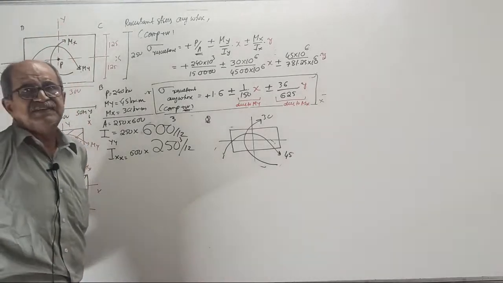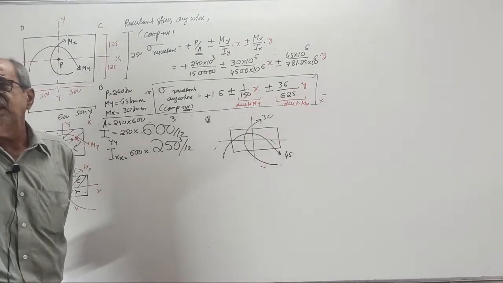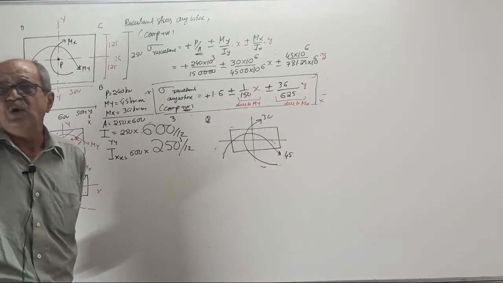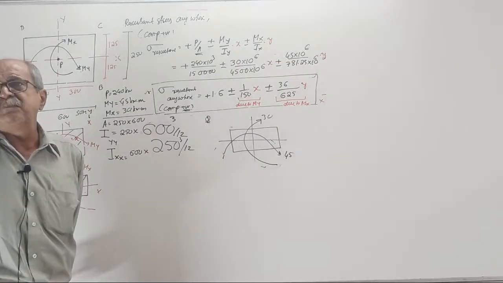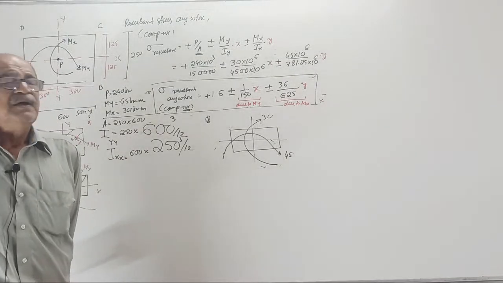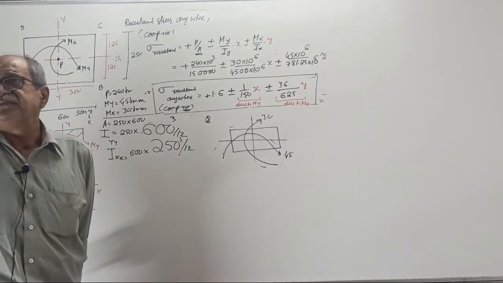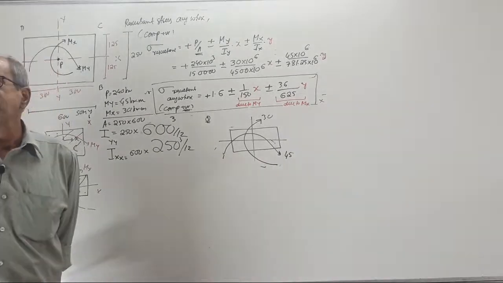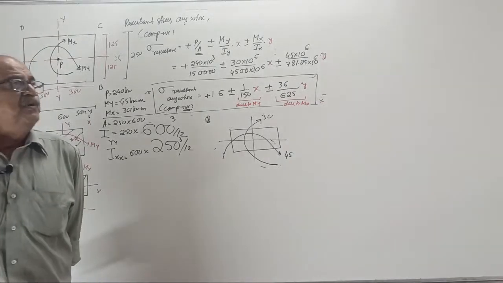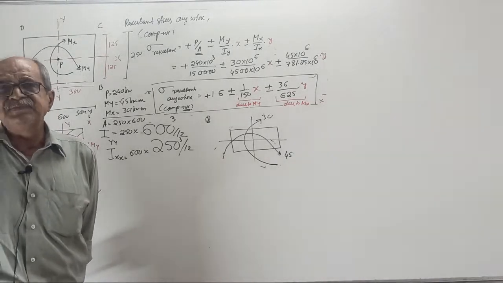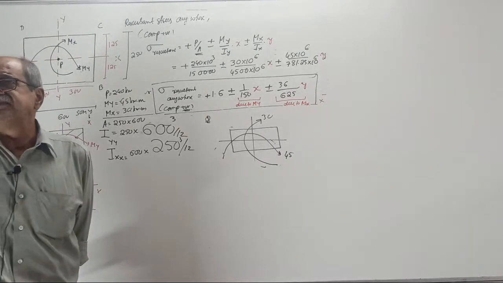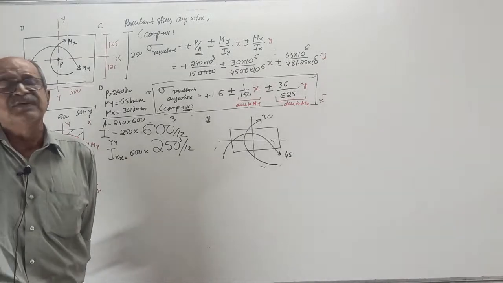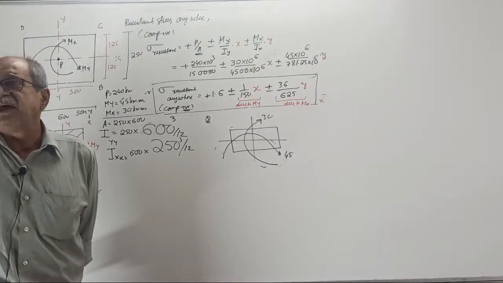When you find the stress, plus means compression, minus means tension. If you get plus 7.6, write 7.6 compression. Suppose you got minus 8.9, when you write the answer, you write 8.9 tension, no minus.